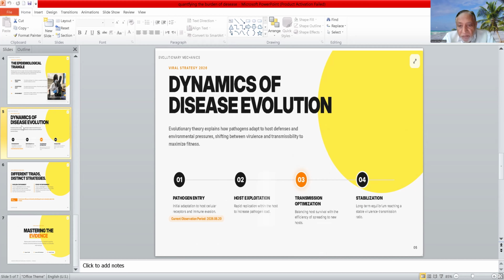So these are the four stages through which a pathogen passes: entering the host, exploitation or multiplication, transmission and optimization, and a stable long-term equilibrium, reaching a stable virulence-transmission ratio, and we call it the R naught ratio also.